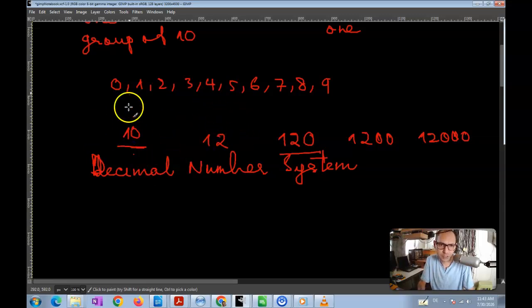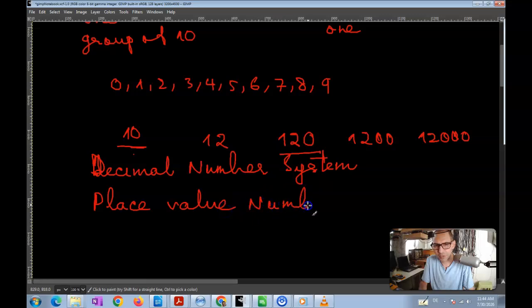And for the exact same reason, we have only these 10 characters or digits to represent every number that you can use in the number system, right? And also the decimal number system is a place value number system.